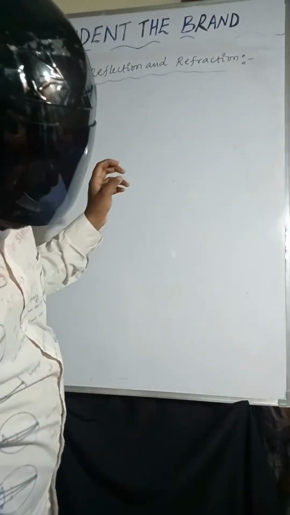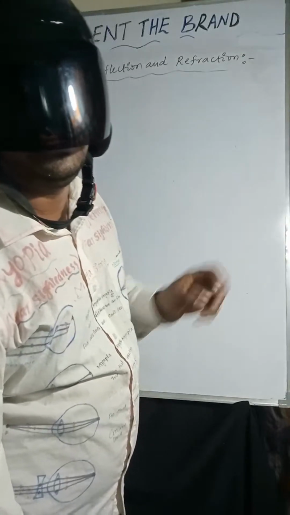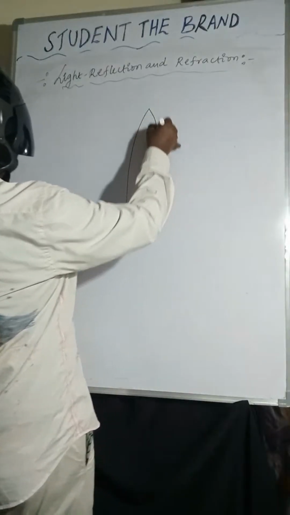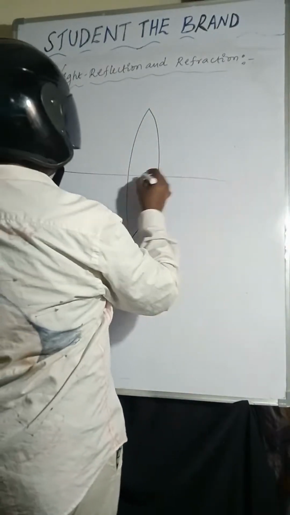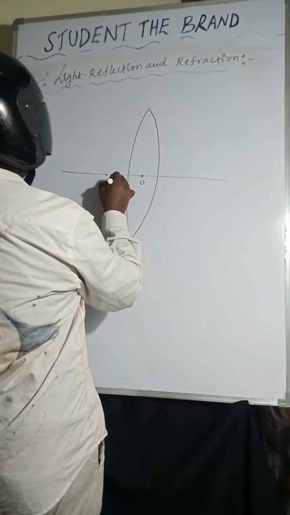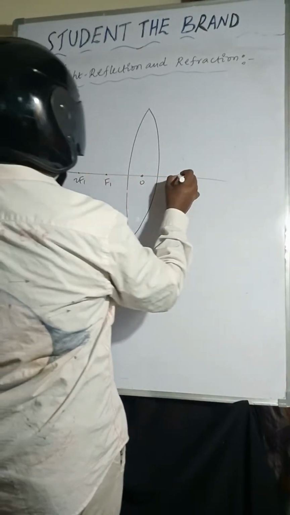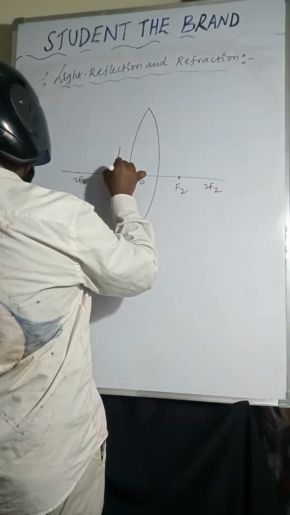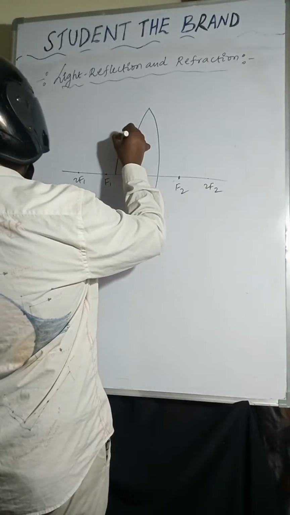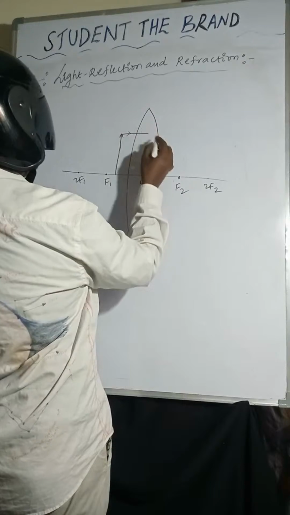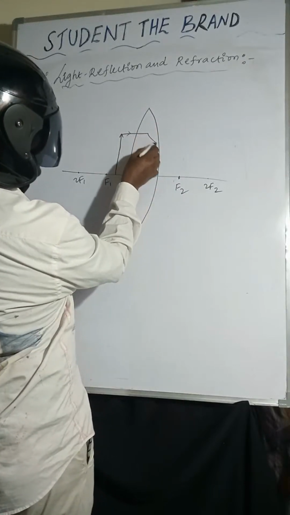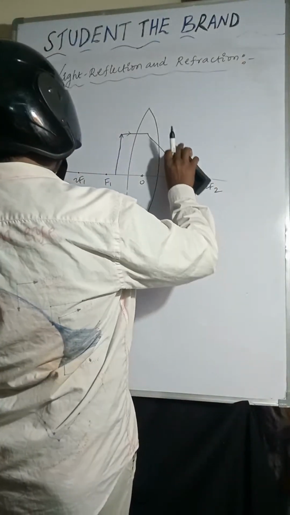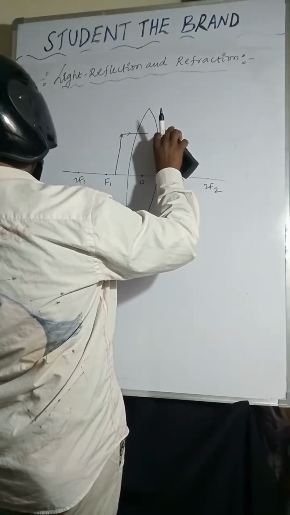Last case we'll discuss, then we'll wind up the class. Convex lens. Optic center, F1, 2F1, F2, 2F2. Object is placed between F1 and O. One light ray I am taking like this, it passes through focus.